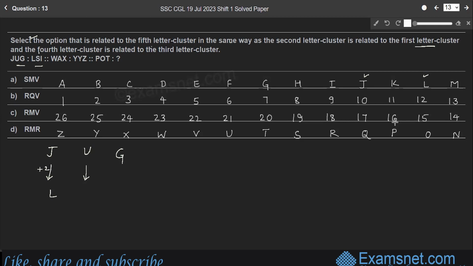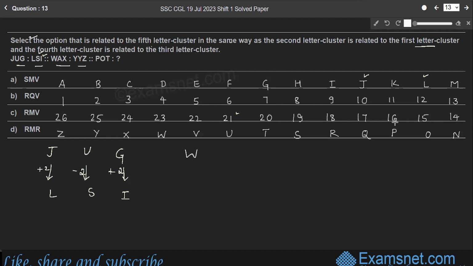Whereas U is 21, and U is related to S, which is 19. Therefore, we can write U minus 2 is S. And G is 7, so its corresponding letter is I. G plus 2, 7 plus 2 is 9, which is I. Similarly, wax is related to YYZ.